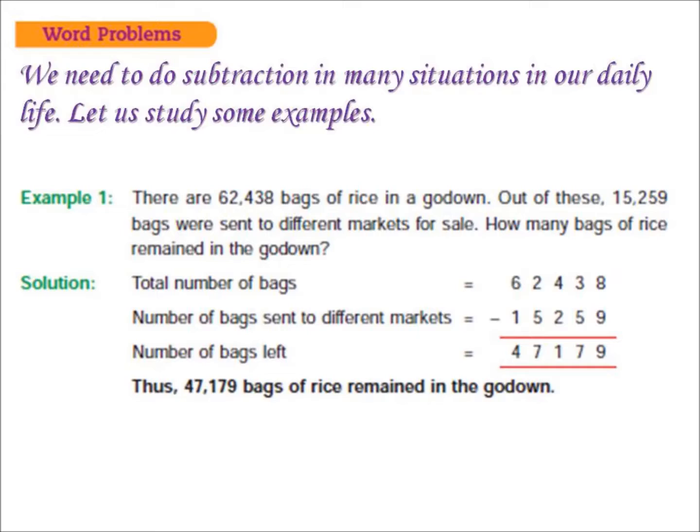In the same process, you have to write in your copy. First, you write the total number of bags. Then you subtract the number of bags sent to different markets. Now your answer is the number of bags left, that is 47,179.